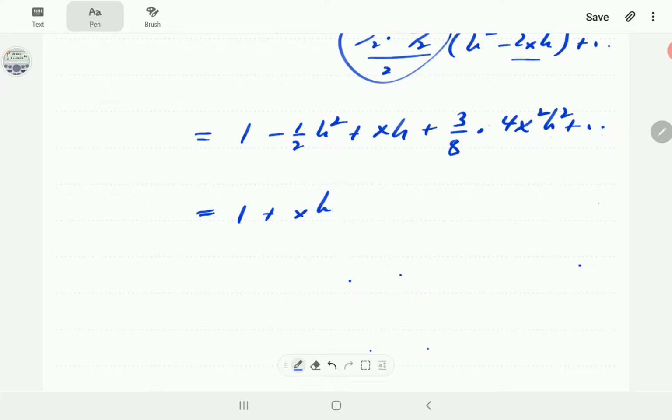The only term involving h to the power 1 is going to be that one. And then these two terms are going to be the terms involving h squared. So this is going to work out to 3 over 2h squared, and this one is minus a half.